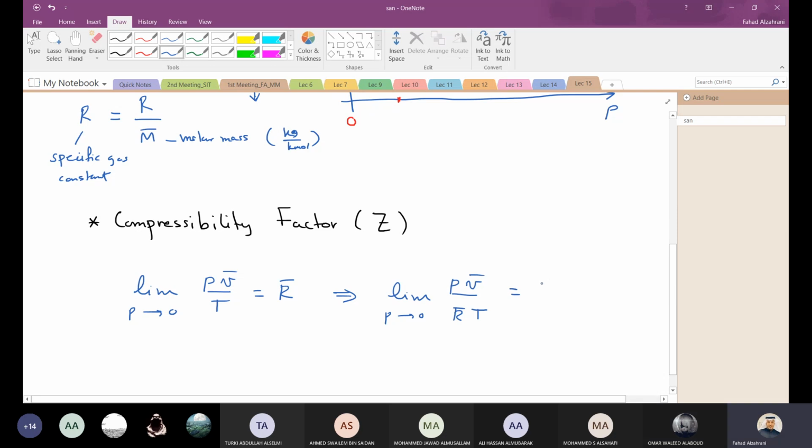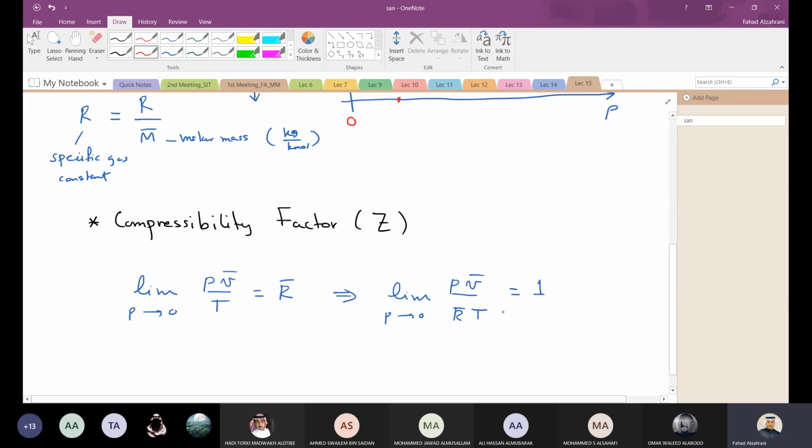To 1, because I divided by R on both sides. It's going to equal 1.